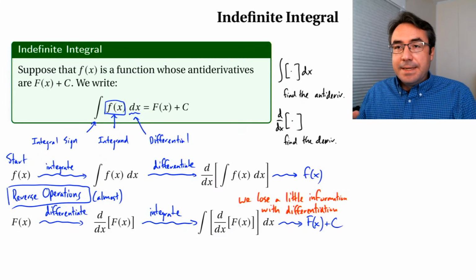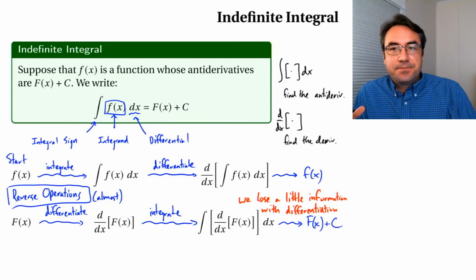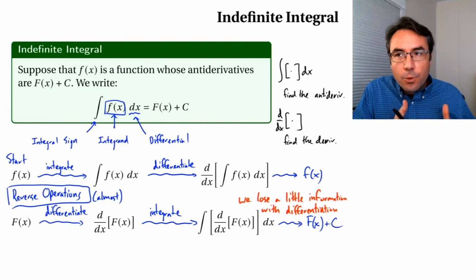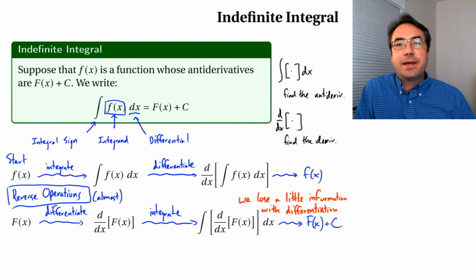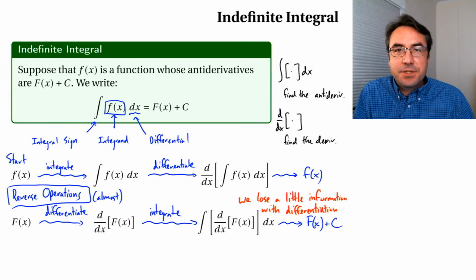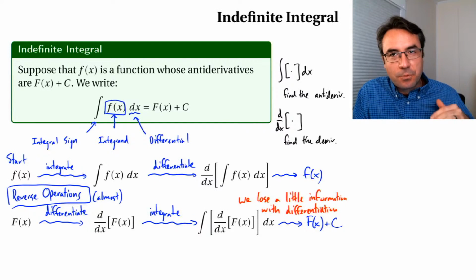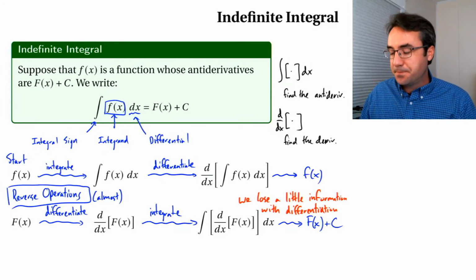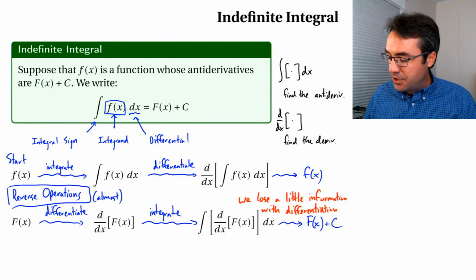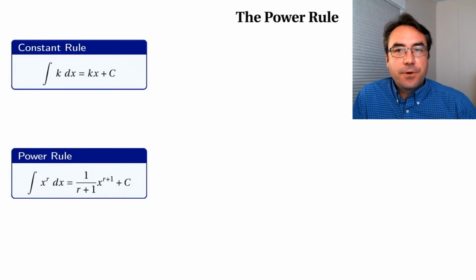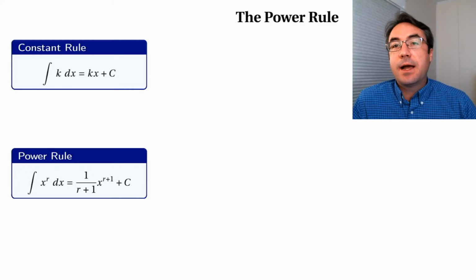All right, so that's the build-up here. Let's actually go through the rules on how to calculate an antiderivative. Just like for derivatives, we had a whole bunch of rules, doing antiderivatives or integration, we're going to have a whole bunch more rules. And that's what we're going to start talking about next. So first, what happens when we integrate a constant?